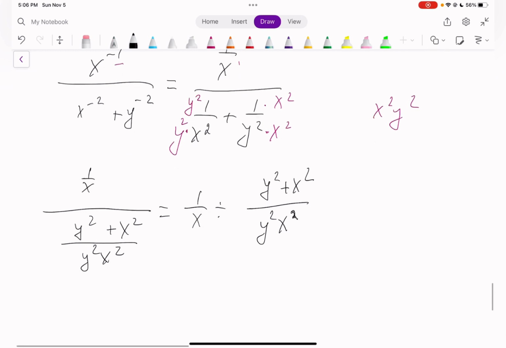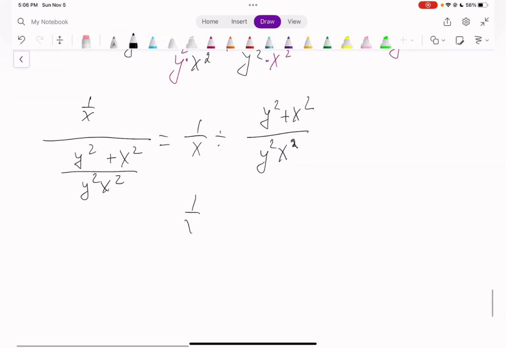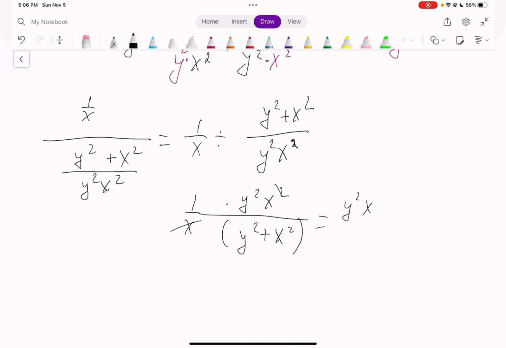And we are going to flip 1 over x, flipping, y squared, x squared, and here I have y squared plus x squared. What am I canceling here? X and square. So 2 minus 1 is 1. And I'm getting y squared x over y squared plus x squared.